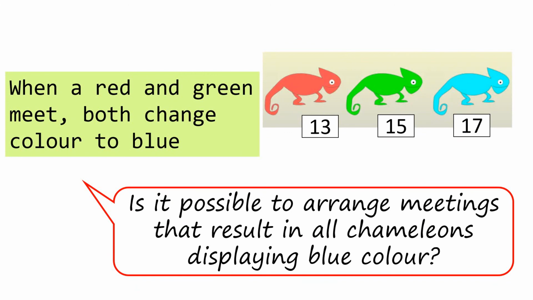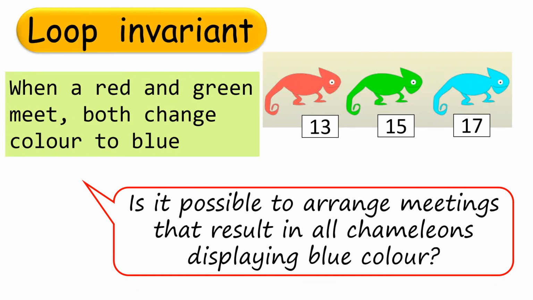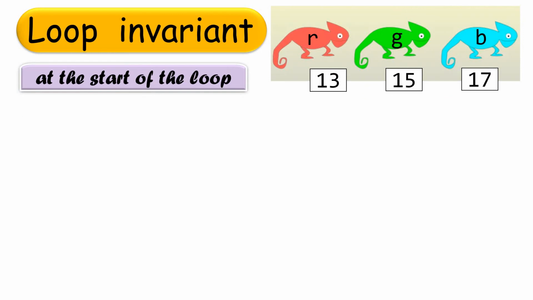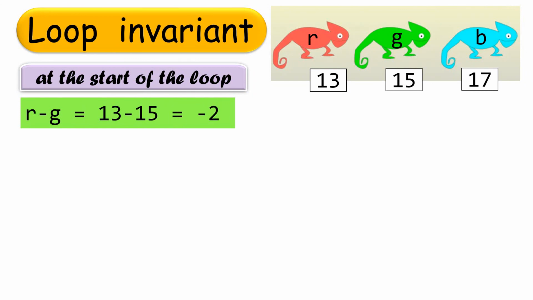I will try to solve this using loop invariant. Let the variables R, G and B denote the number of red, green and blue chameleons respectively. At the start of the loop, R minus G is equal to 13 minus 15 is equal to minus 2.